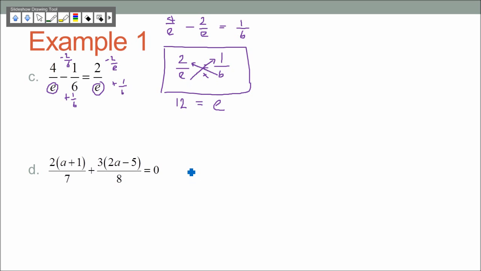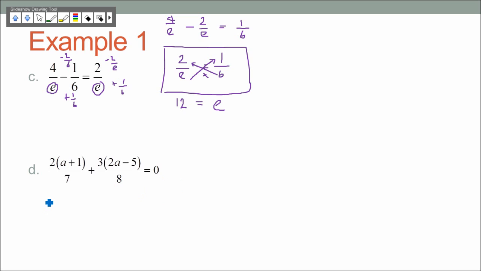Now, if this isn't something that you would prefer to do, you can still get the correct answer by doing the common denominator method that we looked at for part B, or example 1b. However, I will be showing you the easier way, which is the cross multiplication. So the first step is to subtract this fraction because it's being added. Remember, we do the opposite. We subtract it from this side over to the other side.